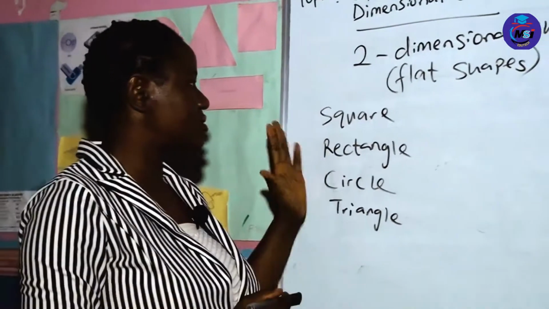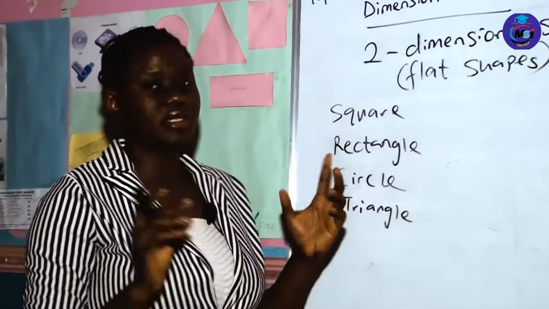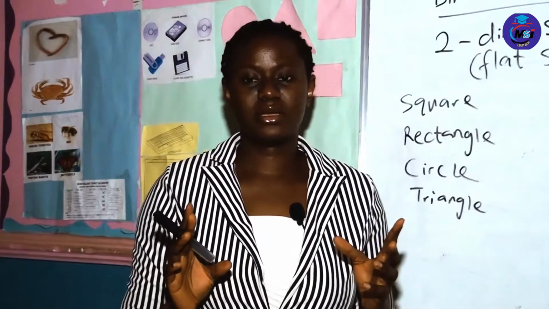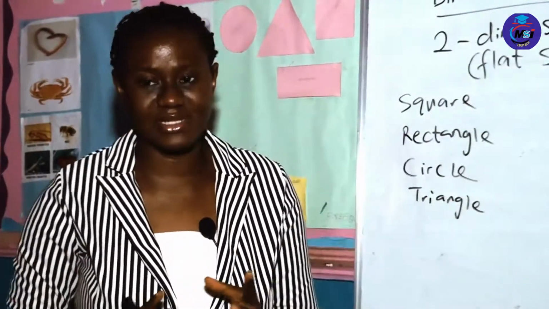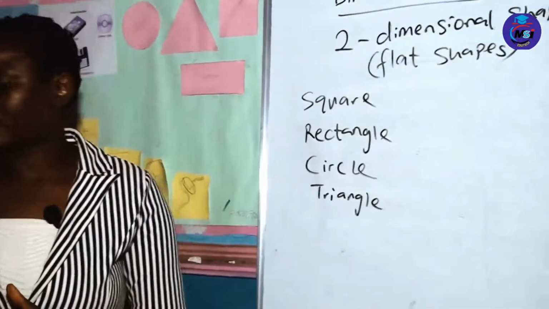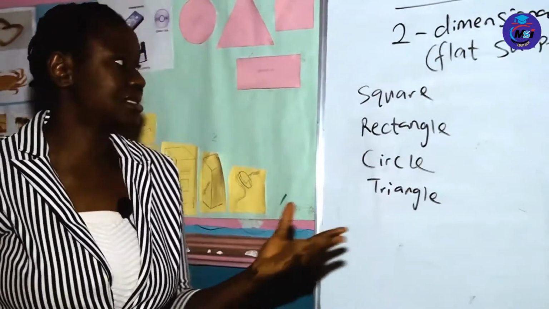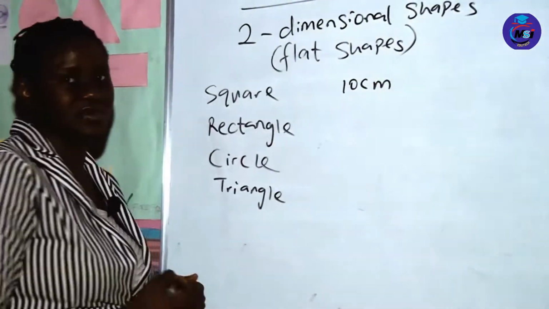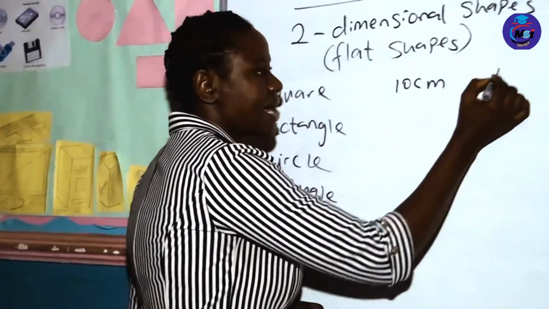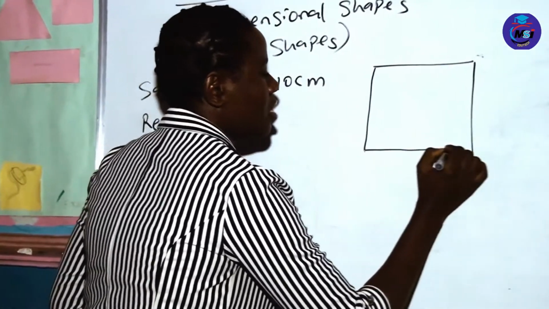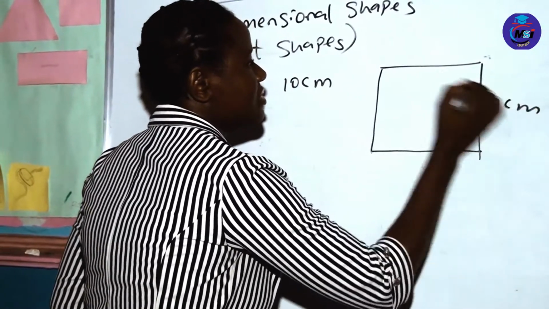To construct a square, you need to measure a particular length for the 4 sides. A square has all the 4 sides equal. So to measure a square, whatever size you want to take, let's take a square of 10 centimeter. We know that all the sides would be 10 centimeter.